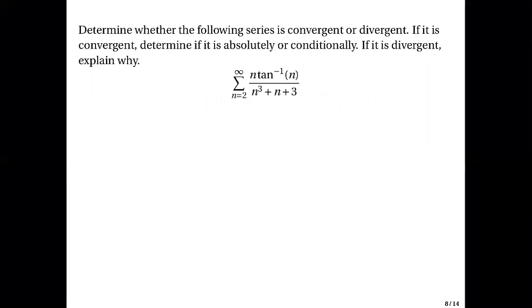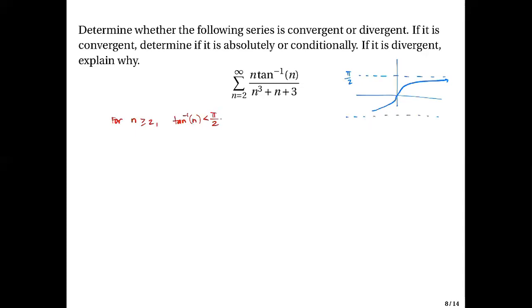So to do this, for n greater than or equal to 2, we know that tangent inverse of n will be less than pi over 2. So, you need to remember the graph of tangent inverse. This is your pi over 2. Tangent inverse is something like this. And of course, you have something below here.